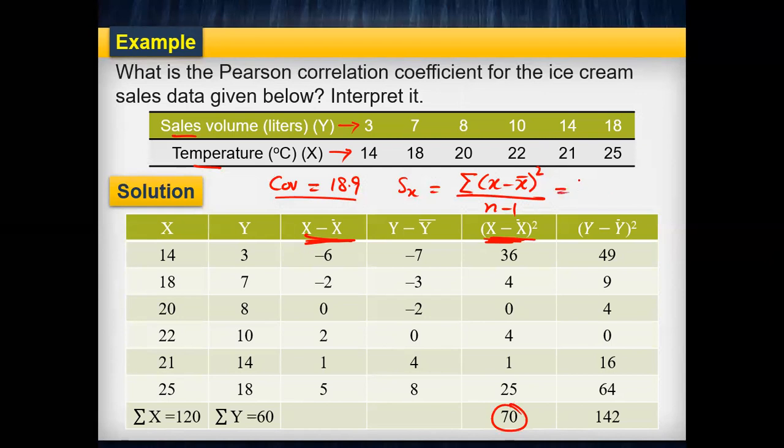So the sum is 70, divided by n minus 1, which is 5, so you get the answer 14. Similarly, for the standard deviation of y, you divide by 5 and then take the square root.